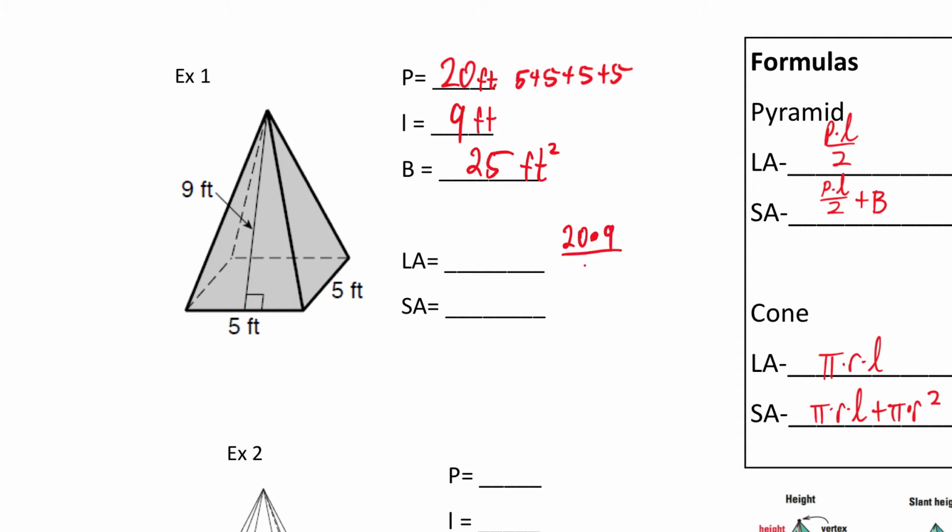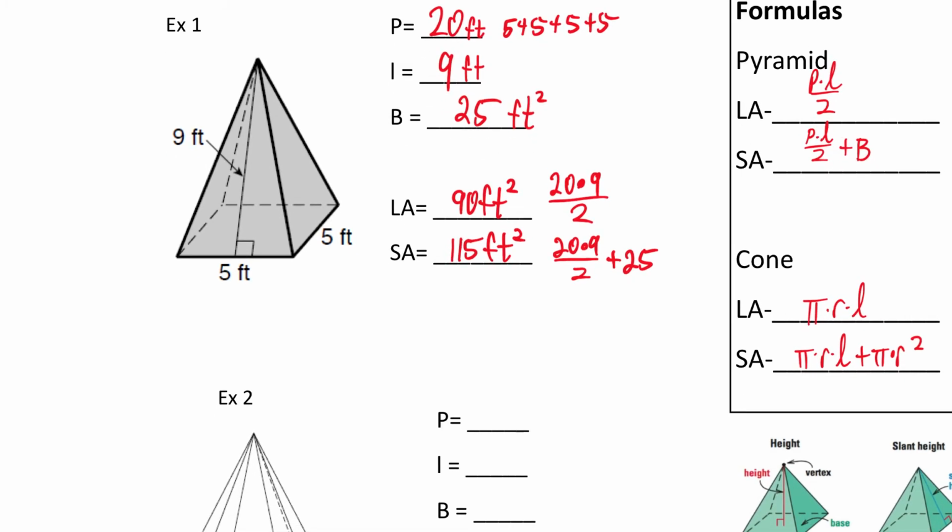All right, for lateral surface area, P times L divided by 2. And then P times L divided by 2 plus B. Yep.